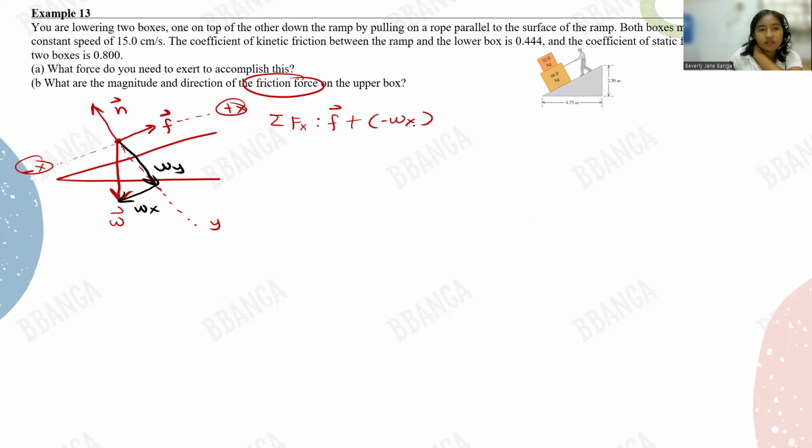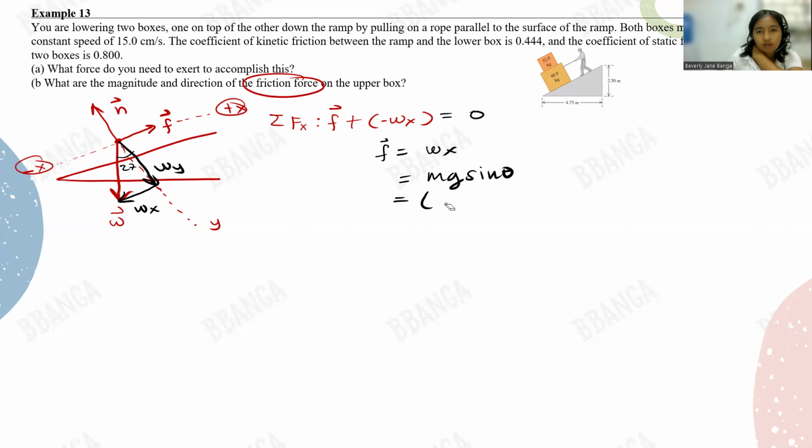Okay, so F plus negative wx is equal to 0. So you have F is basically equal to wx, no, which is simply, ang w natin is mg sine theta.